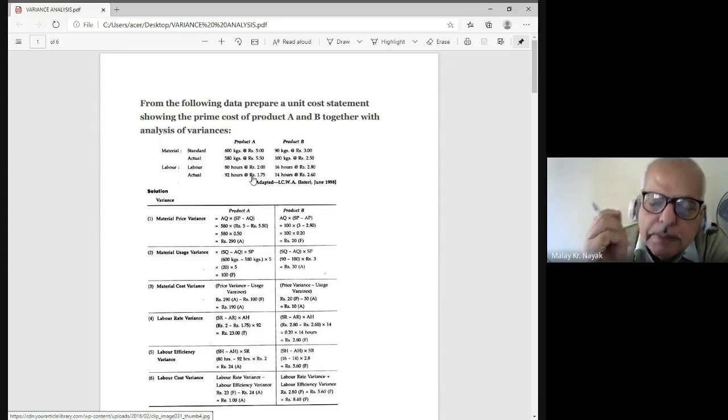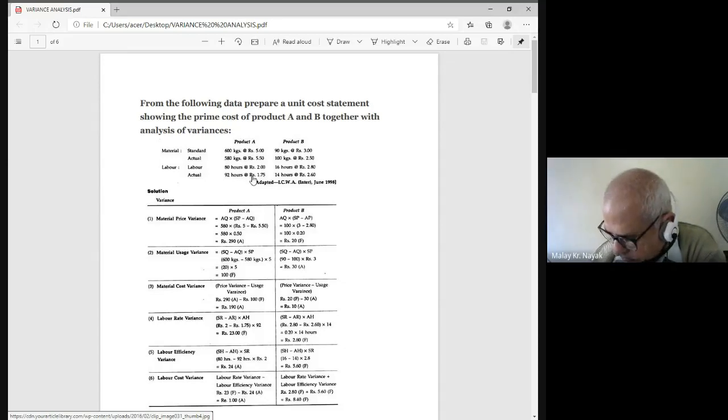Then you do labor rate variance, equal to AH into AR minus SR: actual hours into actual rate minus standard rate.